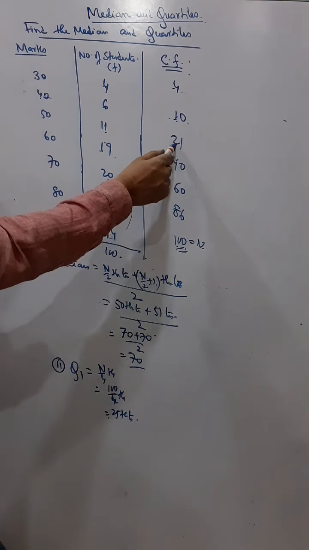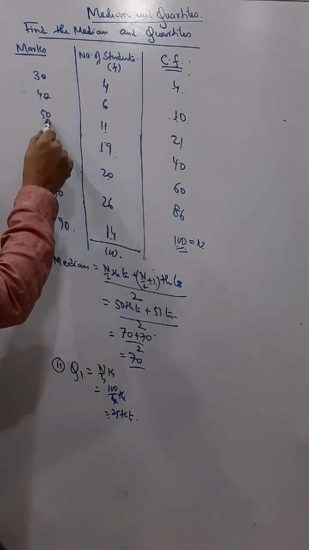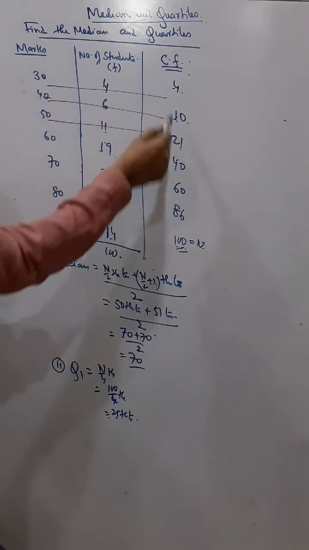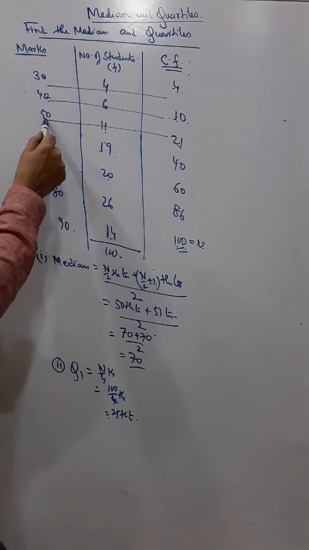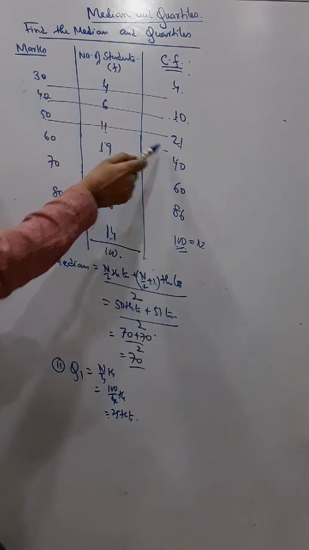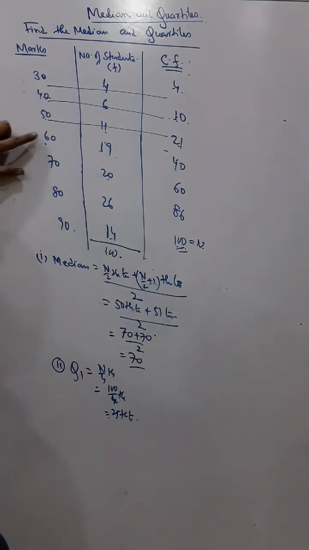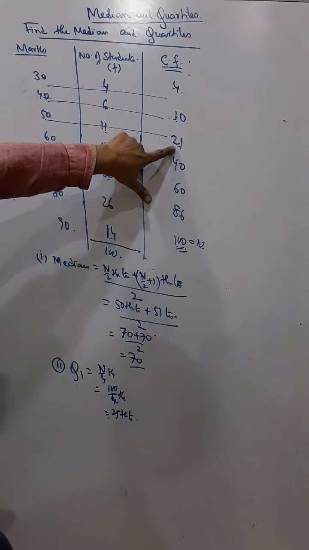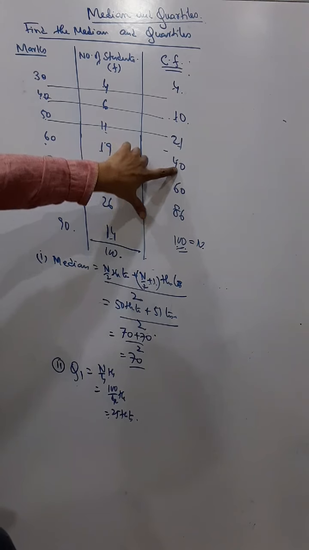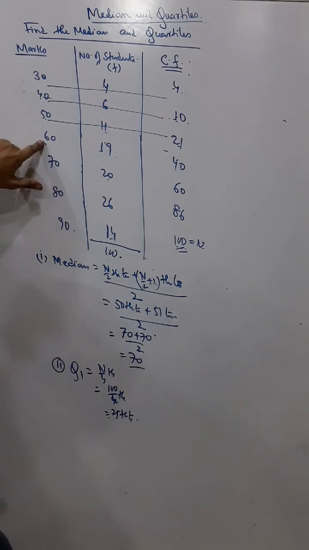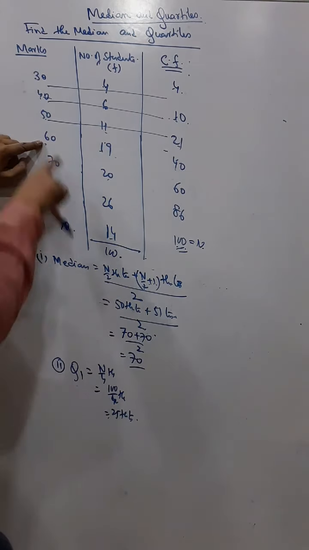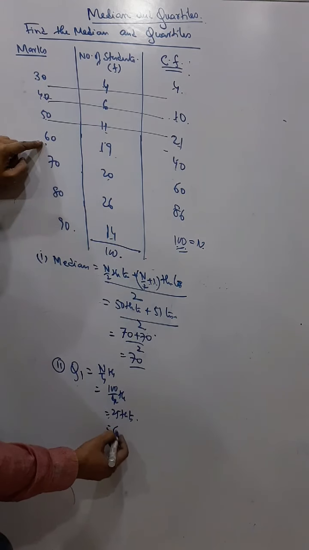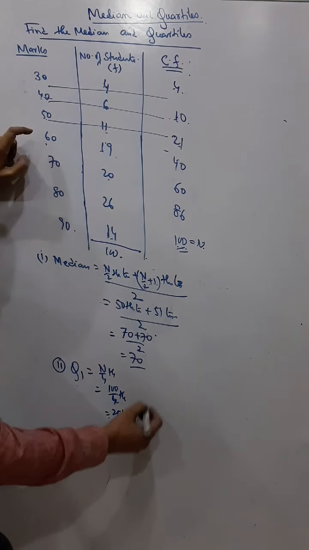The 21st term is 50, but the 22nd term is 60. Then the 22nd to 40th terms are 60. So that means the 25th term is also 60. So Q1 will be 60.